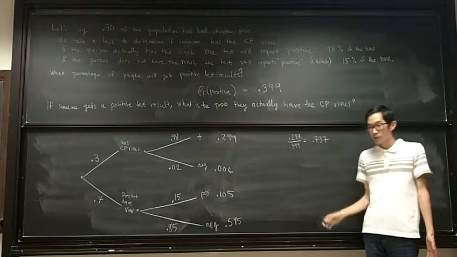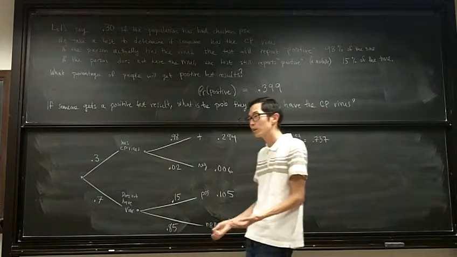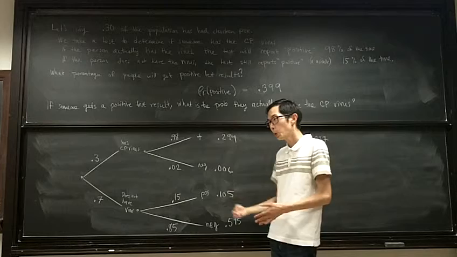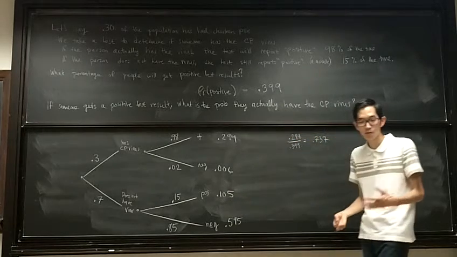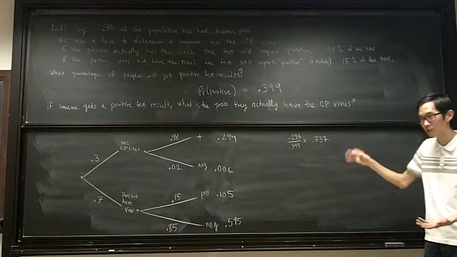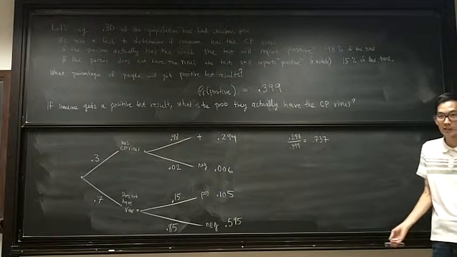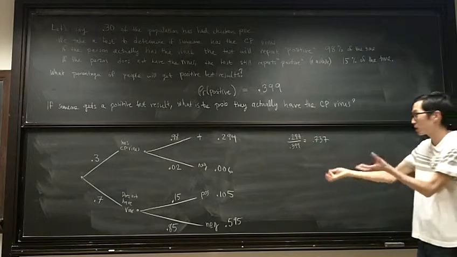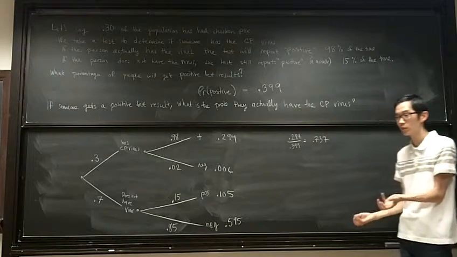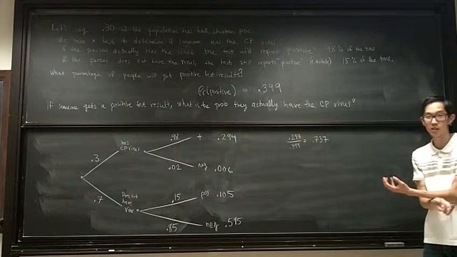So you could be someone who actually has the chickenpox virus and the test says positive, or you could be someone who doesn't have the chickenpox virus, but because this test is a junky test, it makes a mistake and says positive. So there's two ways for you to get this positive test result. We want to know what's the probability that you're in the group that actually has the virus.